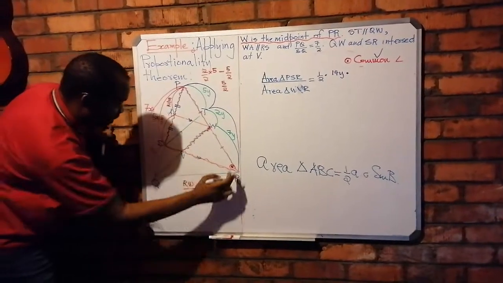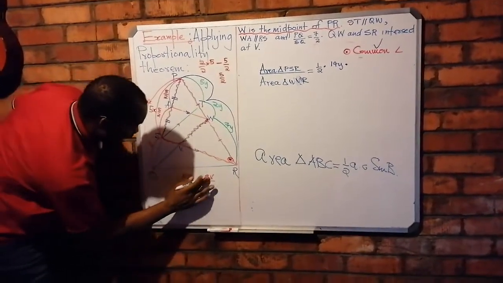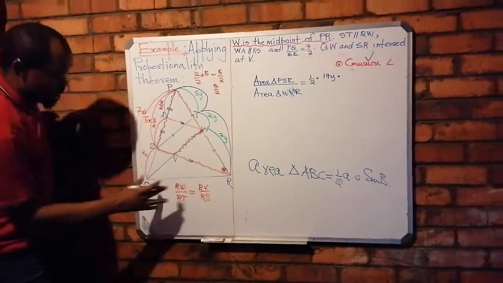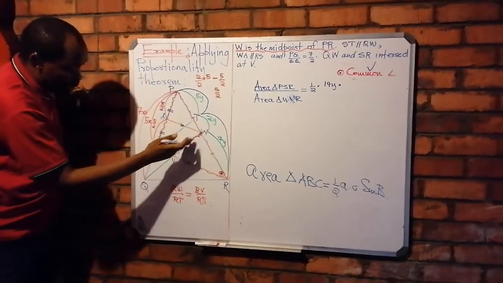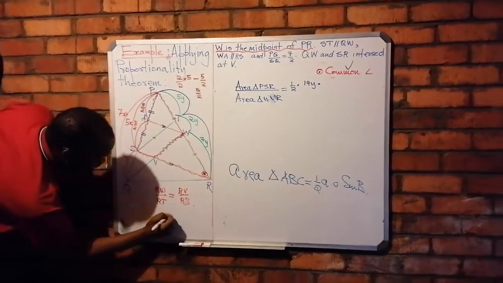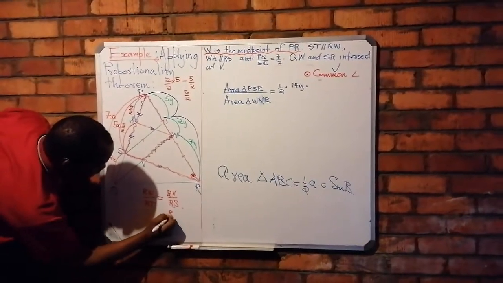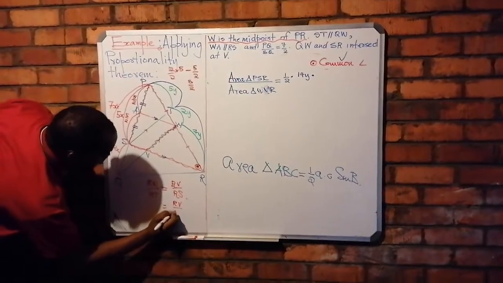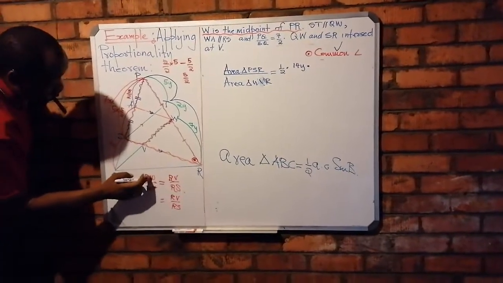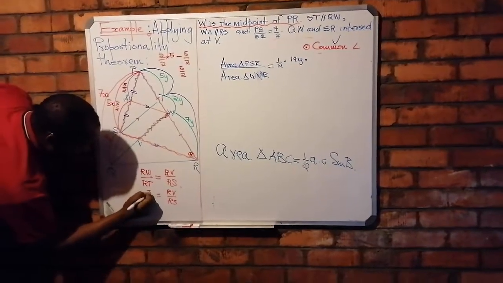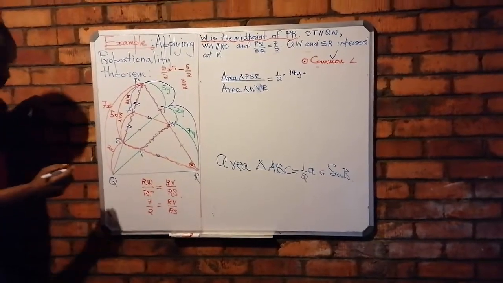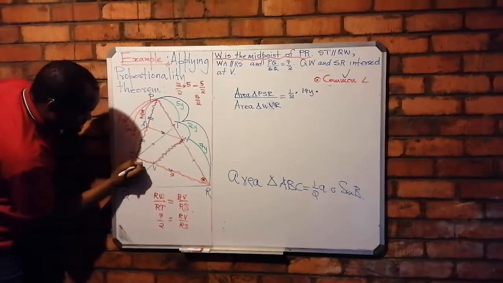Now I must say RV divided by RS. What is the reason? Proportionality theorem, where this is parallel to that. Now, what I know is that RV divided by RS is equal to RW, which is equal to 7 divided by 2. That's beautiful. This is 7 is to 2.